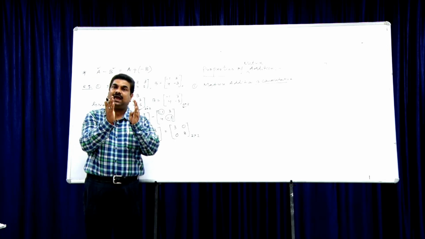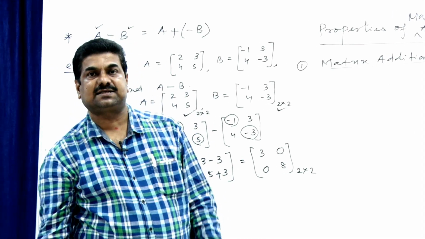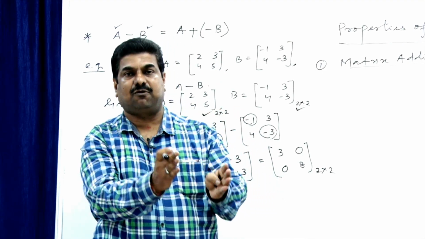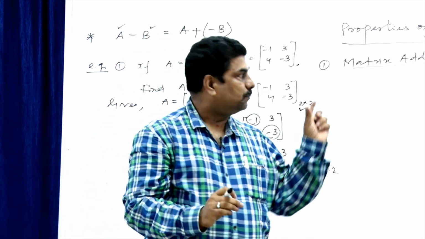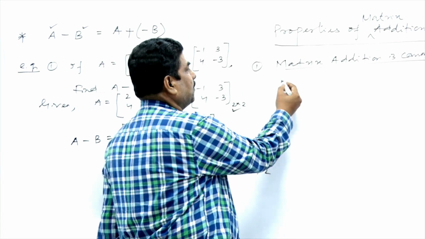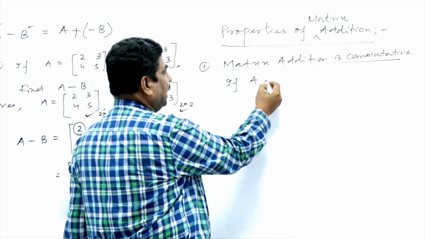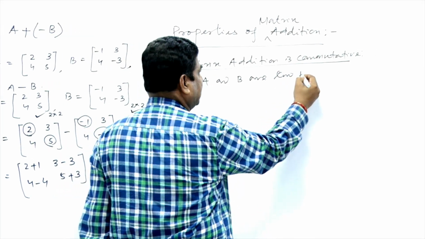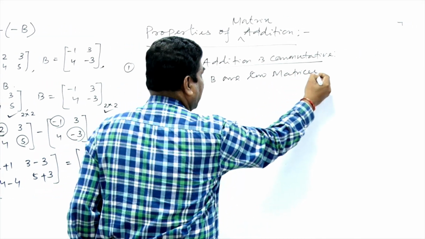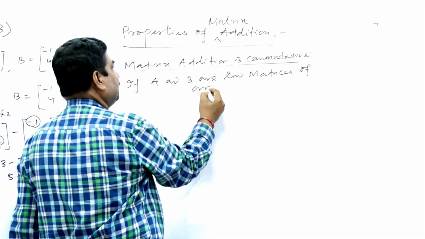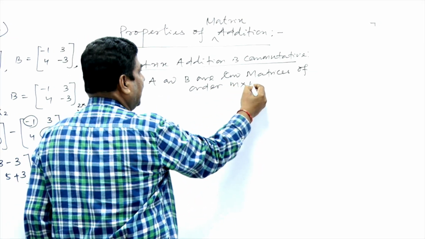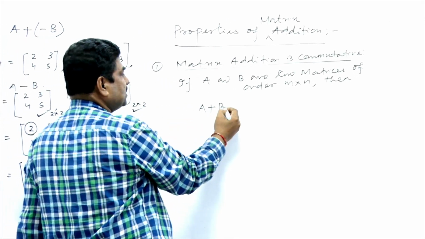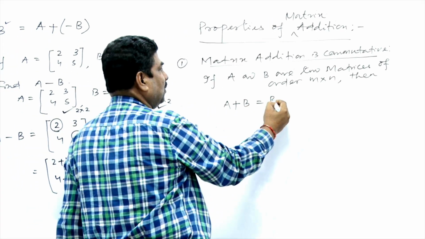That means if A and B are two matrices of order m by n, then A plus B is equal to B plus A, because matrix addition is commutative.